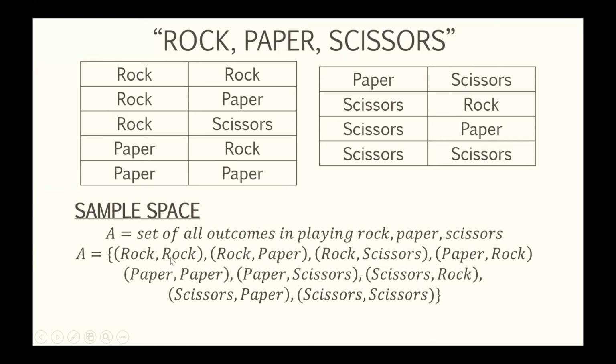We have the first outcome, rock, rock. The second outcome, rock, paper. From the table, we have rock, scissors, paper, rock, paper, paper, paper, scissors, scissors, rock, scissors, paper, and then scissors, scissors. So this is how you write sample space.